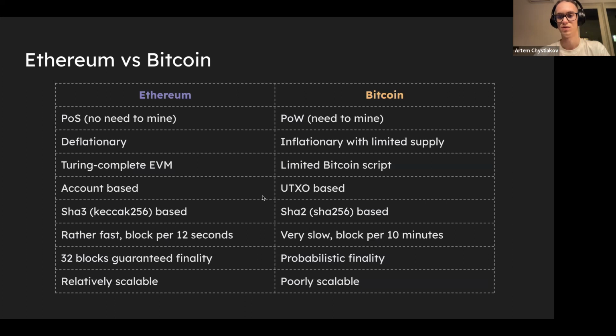What it means here is that in order to send a transaction in Bitcoin, you have to specify the transactions that you are spending. So this enables a lot of cases to be more anonymous and to hide your spendings.